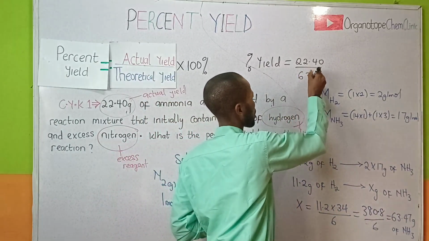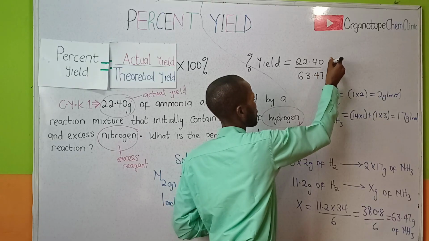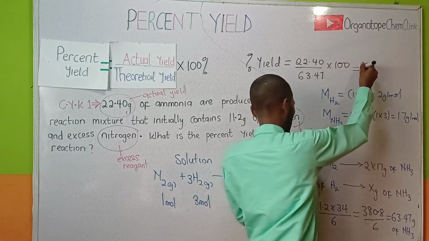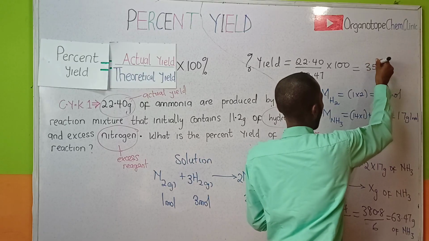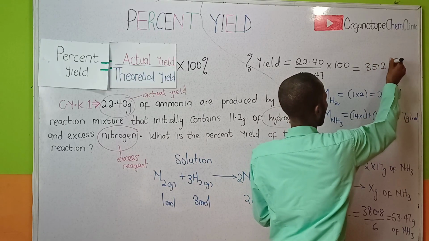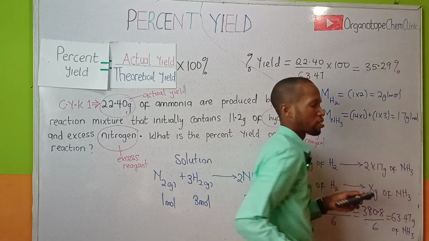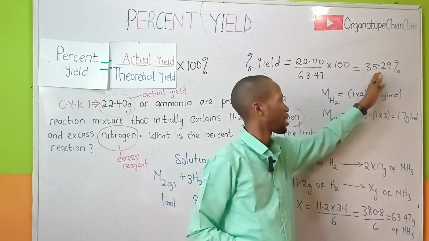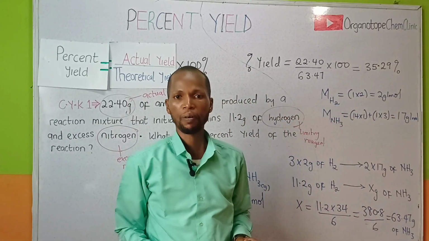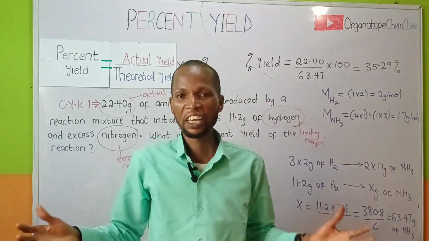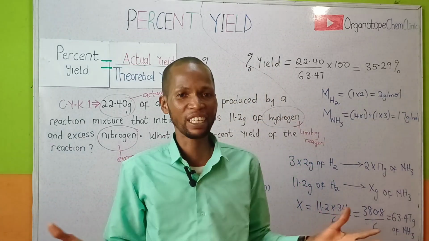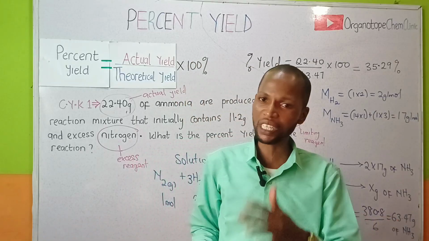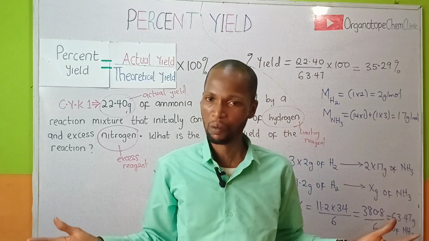So we have 35.29%. So the percent yield of ammonia is 35.29%. Make sense? In real life situations, especially in industrial chemistry, understanding yield helps companies minimize waste and maximize profits.